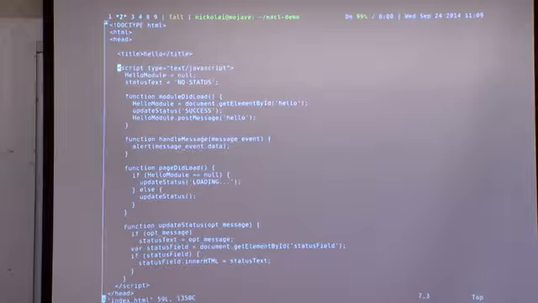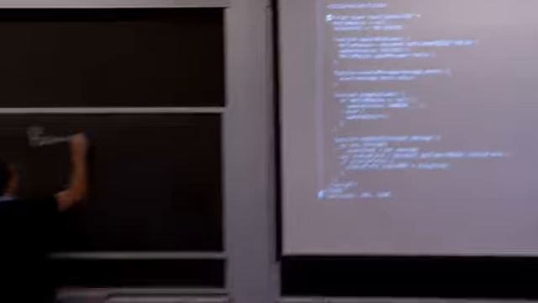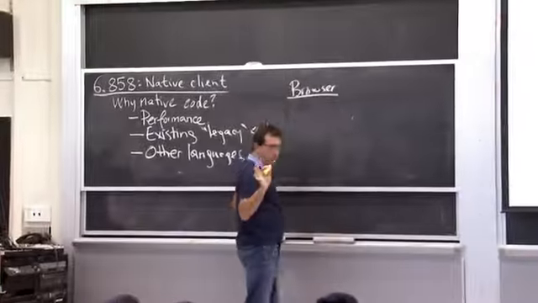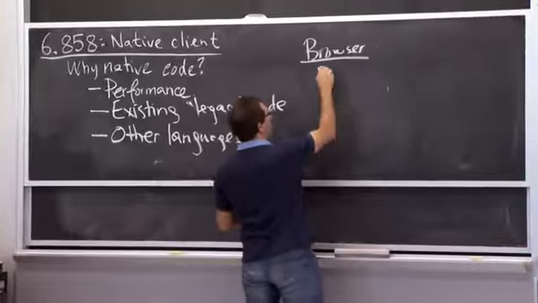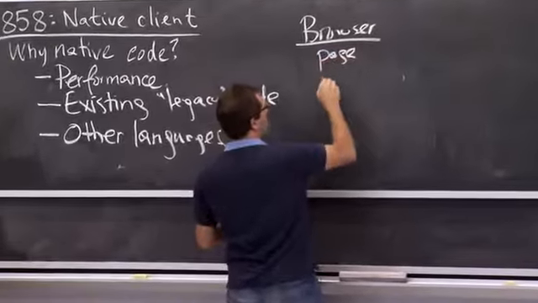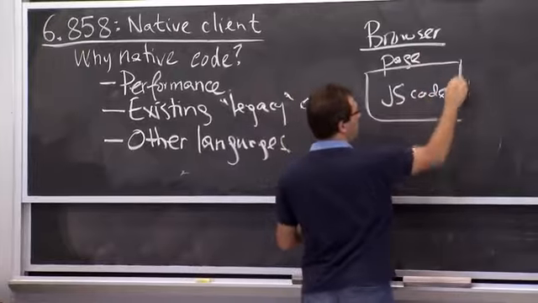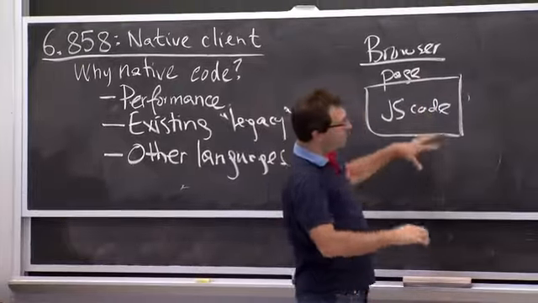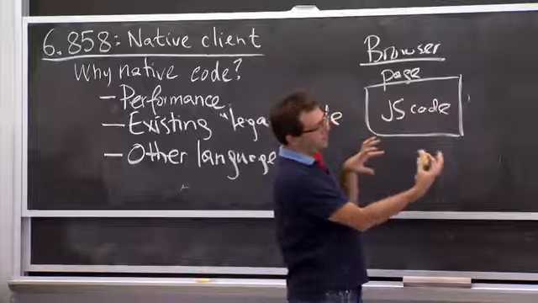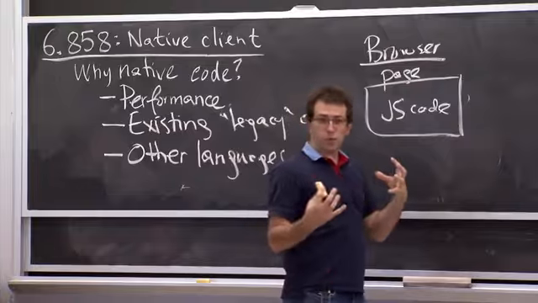So the way you can think of this running in the browser is that you have the browser. We'll talk much more about web security later. But roughly, you have a web page that contains some JavaScript code. And this runs with the page's privileges. And this can do various things to the web page itself, maybe talk to the network in some circumstances.